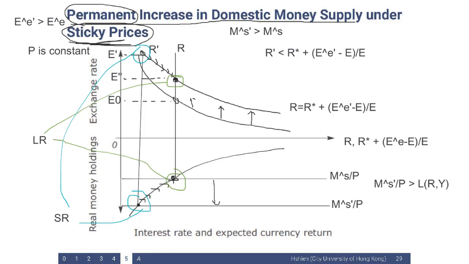So we have UIP here. We have liquidity demand.